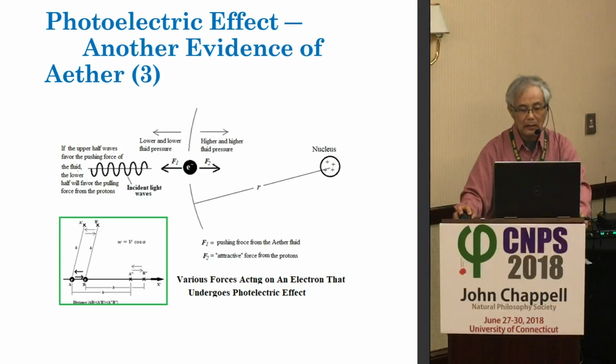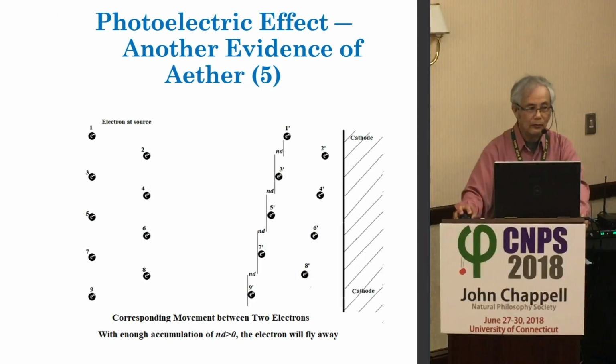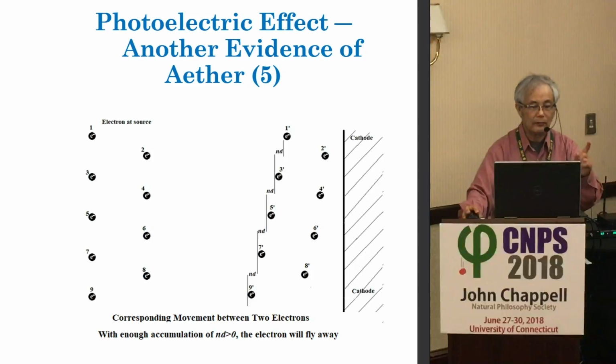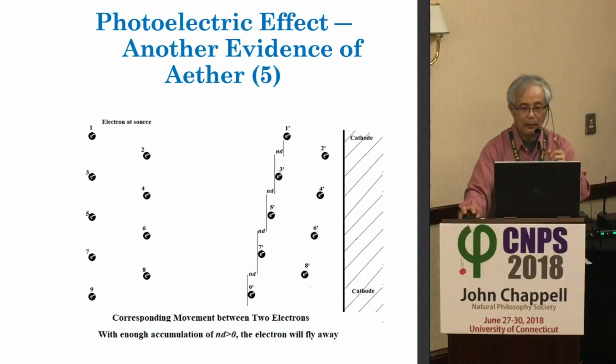And the back and forth movement of the electron at the source will therefore be synchronized by the electron at the cathode with the same back and forth movement.